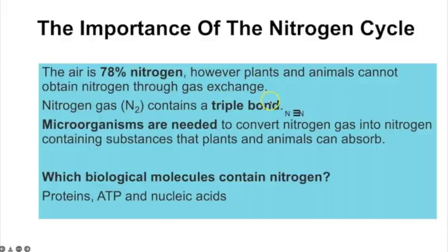And the reason for that is nitrogen gas has this triple bond, and we don't have the enzymes to be able to break those bonds and then use the nitrogen in compounds. Microorganisms do though, so they have the enzyme to be able to do that, or some of them do, and therefore we need this cycle involving microorganisms to make the nitrogen accessible for nitrogen containing substances, which plants and animals can then use.